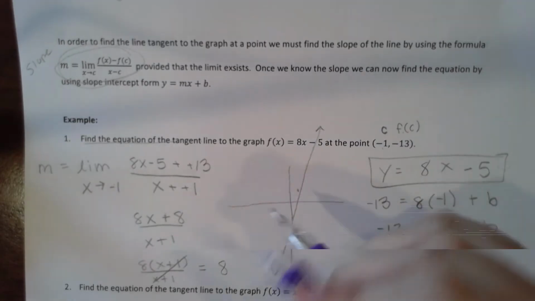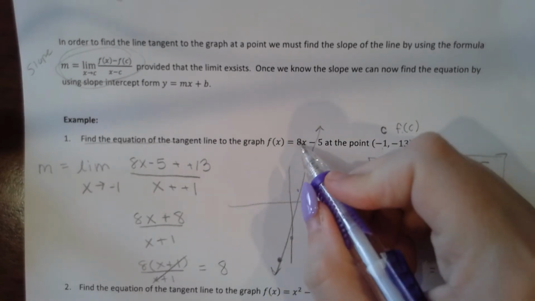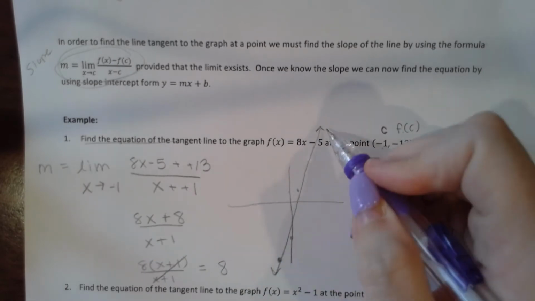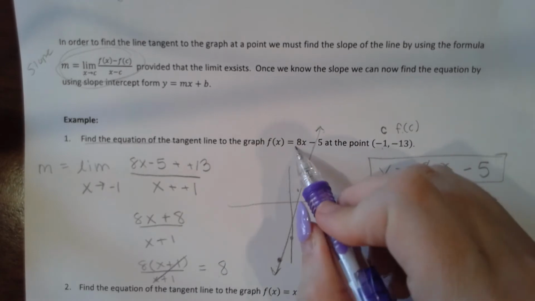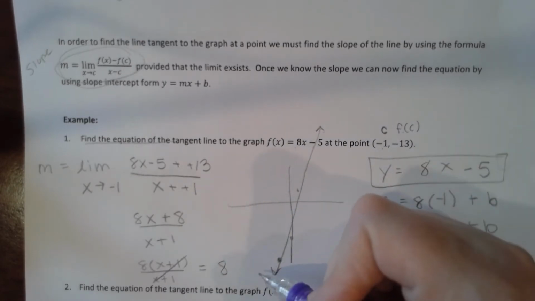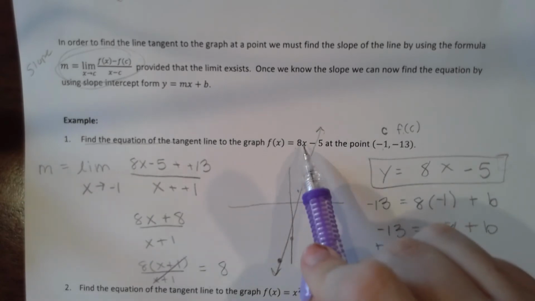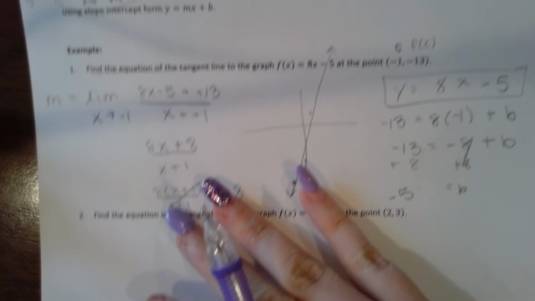Well, if I want to know the slope at -1, -13, well, the slope here is 8 because if it's a line, it has a constant slope. So anywhere on this line, it's going to have a slope of 8. So that should make sense because this is a line that the slope is the same all the way. Okay, so that's one of those rare occasions. It's only because this is a line that our answer ends up being the same.